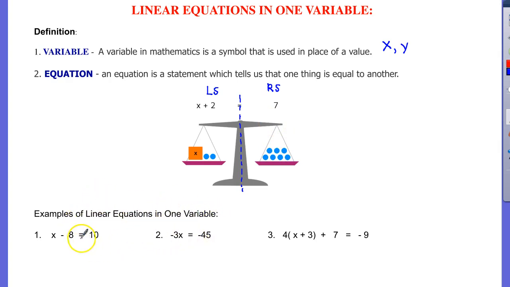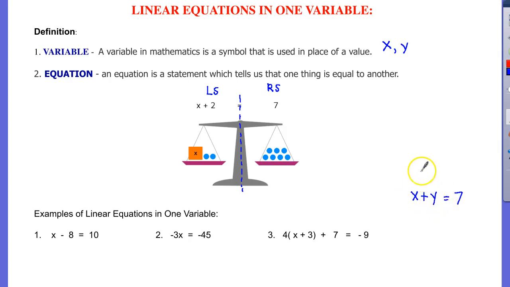These are examples of linear equations in one variable. So as you can see, you have the equal sign, and there's only one variable in your equation. There's only one variable. This one, there's only one x. This one, same thing. This one also, it's only x. Because when you have two variables, it will look like this. Say like you're going to have x plus y equals 7.